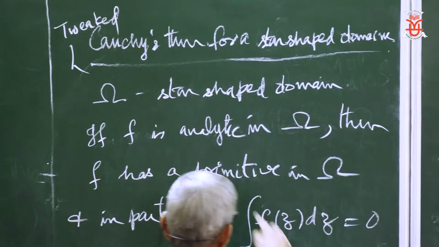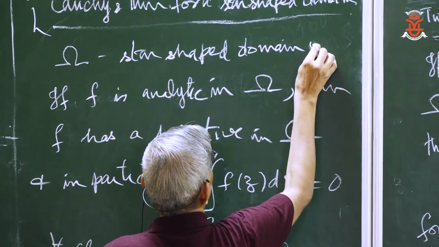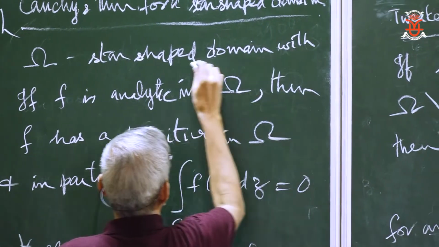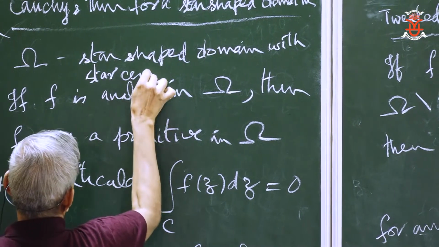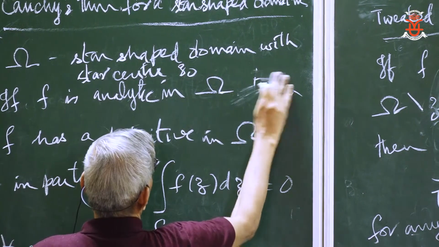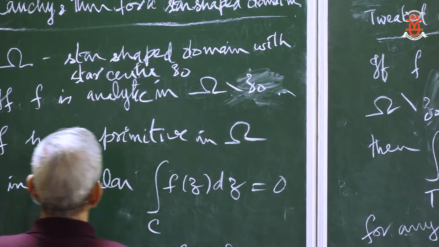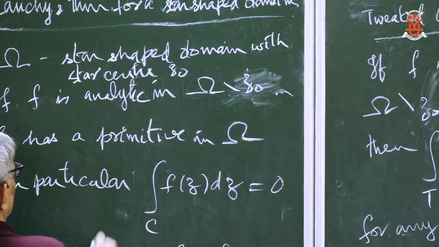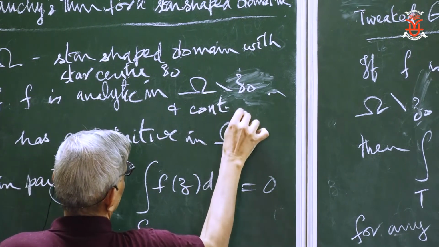With, of course, Z naught, which is not mentioned in the statement here, with star center Z naught, and continuous on omega.